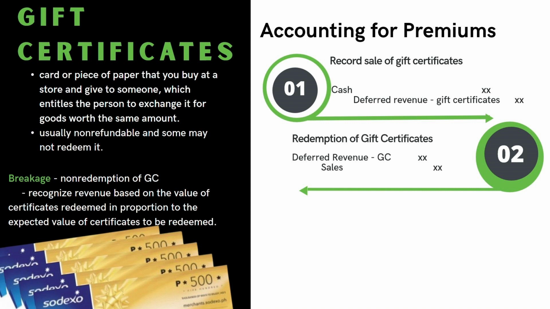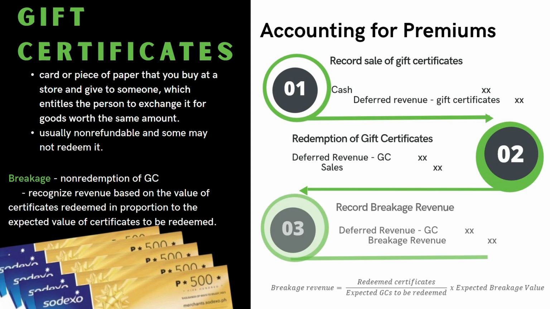Okay? Next is to record the breakage revenue. So those gift certificates that were not redeemed. This will only apply for those gift certificates with expiration. Okay? For those gift certificates without expiration, there is no breakage, because they can still use them until whenever they feel like redeeming.